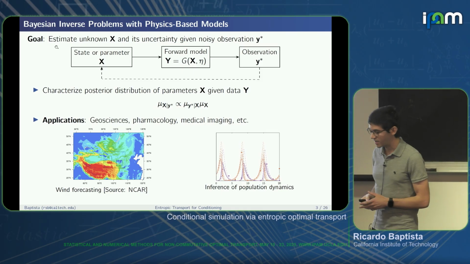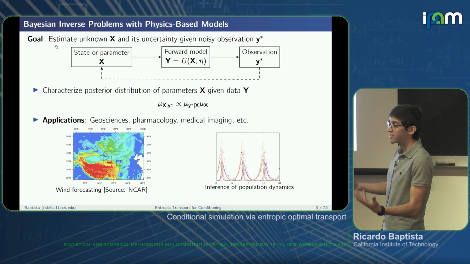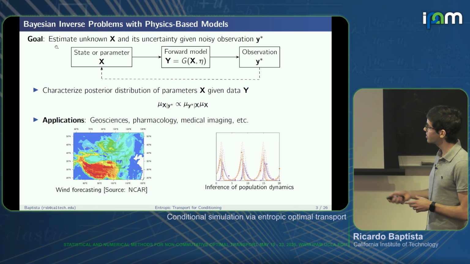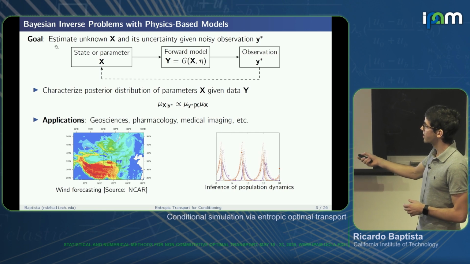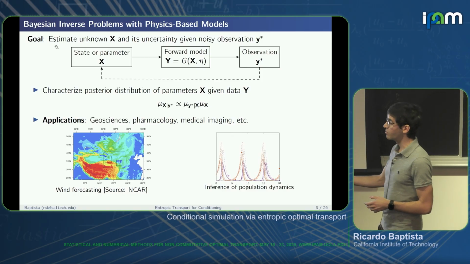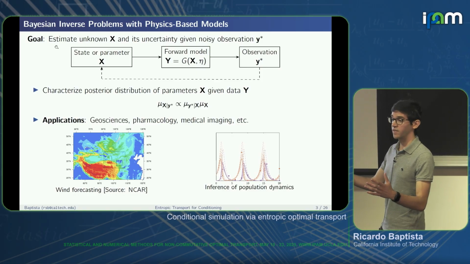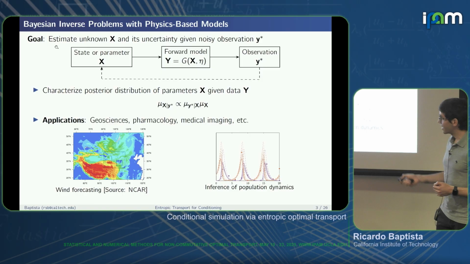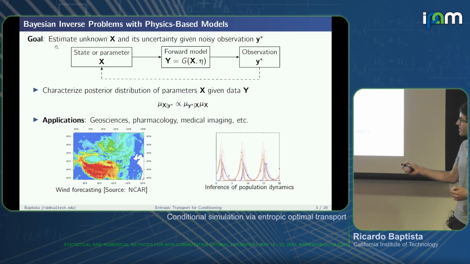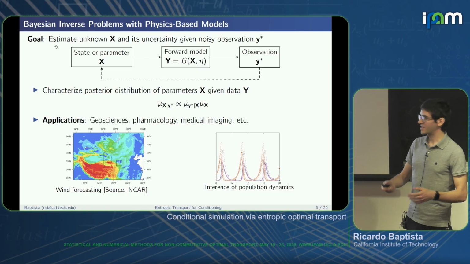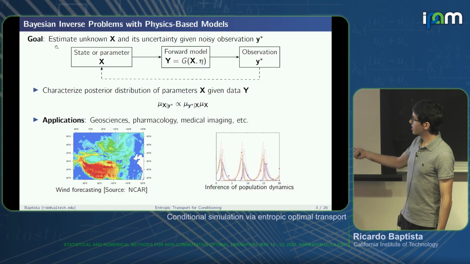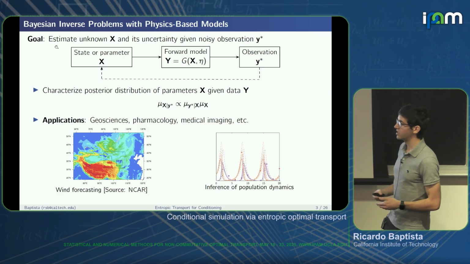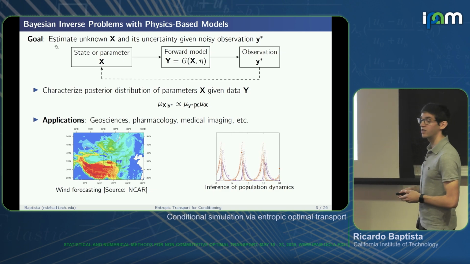Trying to generate samples from this distribution and characterize the uncertainty of the state that's consistent with the observation is very important in applications throughout the geosciences, things like numerical weather prediction, where we want to characterize the atmospheric state and make predictions about how likely it is to be sunny tomorrow here in LA, given some observations. Or in other contexts, like trying to infer the trajectory of populations, of the financial markets, etc.